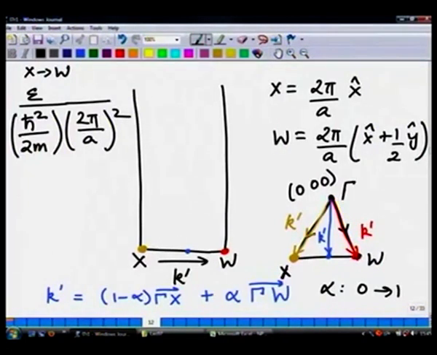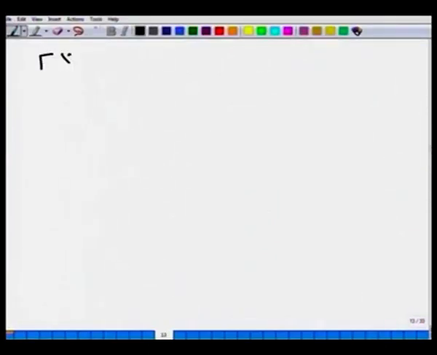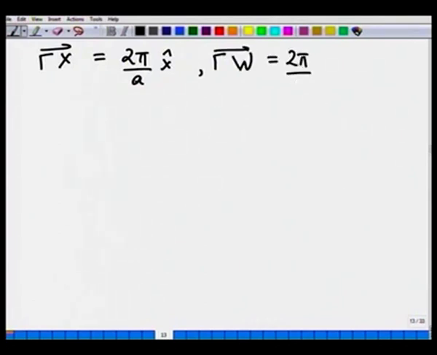So, if I now write down my k prime vector, since I know what this is, as you can see, what is the gamma to X vector? The gamma to X vector is of course 2 pi by a x hat, and the gamma to W vector is what? 2 pi by a (x hat plus half y hat) is just this vector.